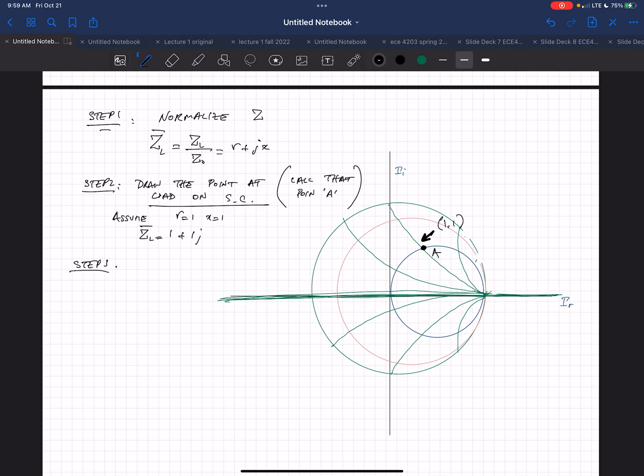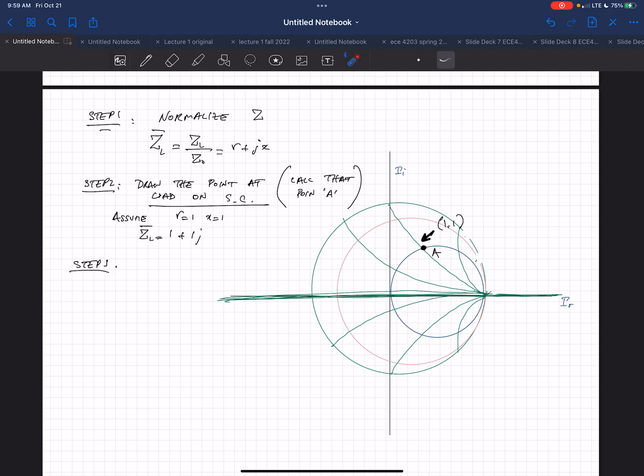Yeah. So basically your starting point is your impedance at the load. And as I look through my impedance, walking away from the load, this point is going to change. I'm going to have a line along this Smith chart that's going to tell me how that moves as I go away from the load. Okay? So this is just the assumption of R equal to 1, X equal to 1.